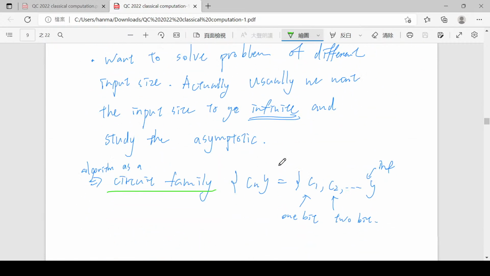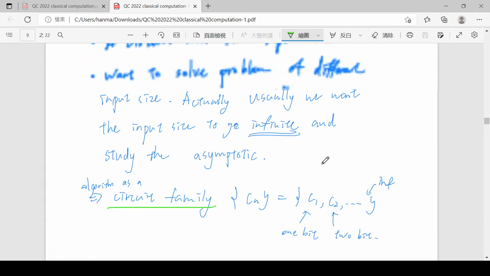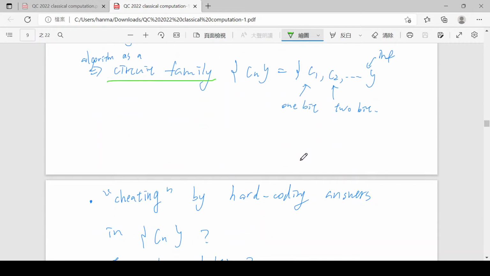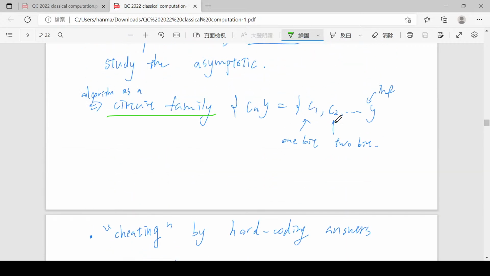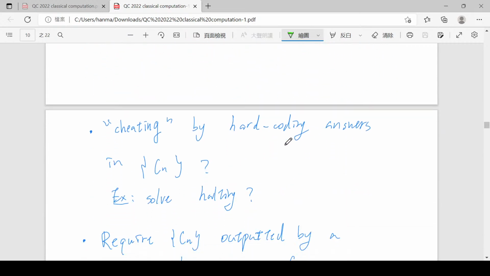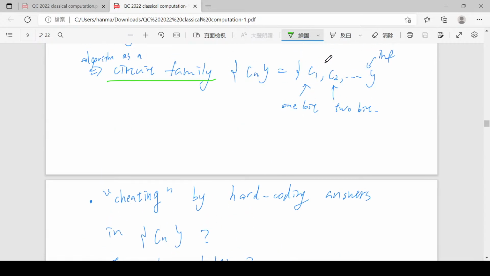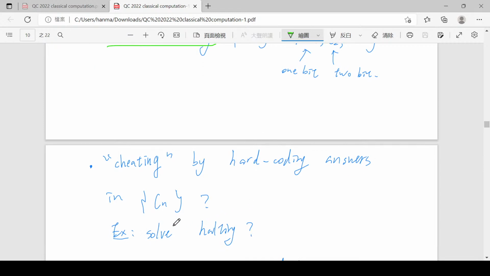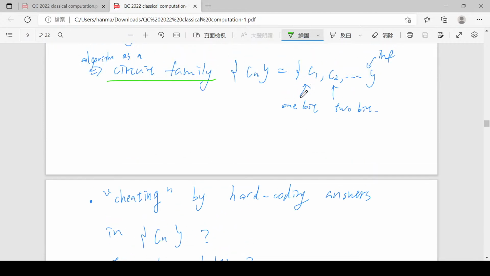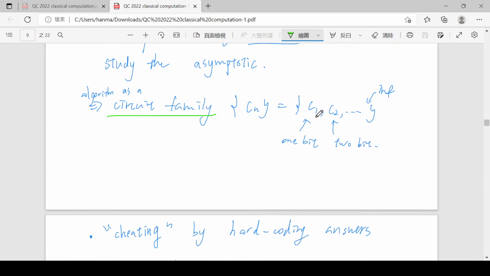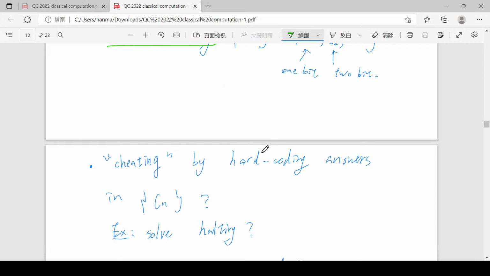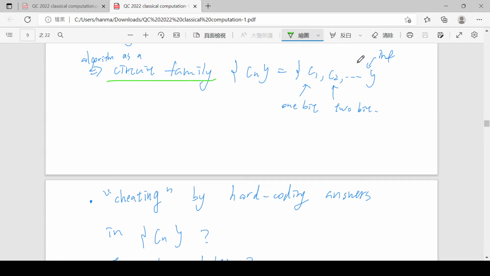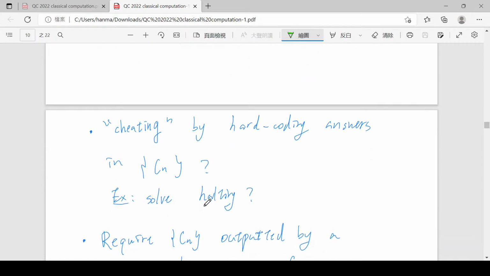But then this gives a problem. That is, if you just say, oh, my algorithm is those circuits, then you can cheat by not actually having those circuits compute anything. Because you can say, for the first input, I will just output whatever the truth table gives from the input. You can cheat. You can hard code the answer into the description of those circuits.